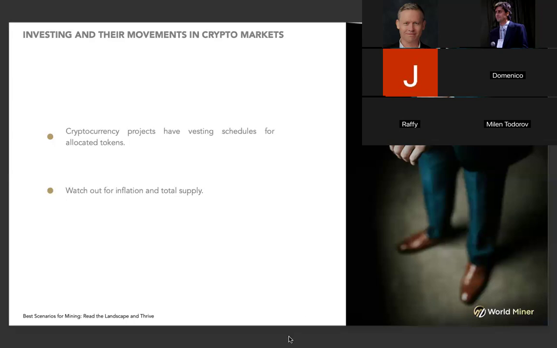And obviously in the tokenomics, you want to see the inflation and total supply. Because imagine you invest in a project where there is unlimited supply. Maybe that's not such a good investment for you. Inflation is normally not a necessary issue as long as it is low, as long as you are not planning on waiting to sell when you retire.